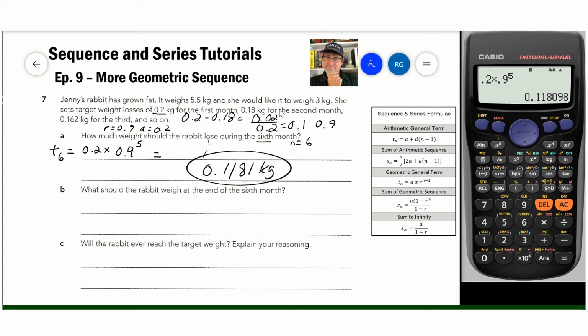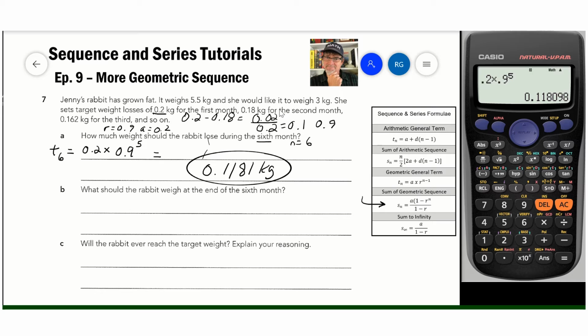Okay, part B. What should the rabbit weigh at the end of the 6th month? Okay, so what we've got to consider now is, well, how much did the rabbit lose during the 1st month and the 2nd month and the 3rd month, and so on. So what they're talking about here is finding the sum, because we've got to find out how much it lost in each of those months. So we're going to use this sum formula here.